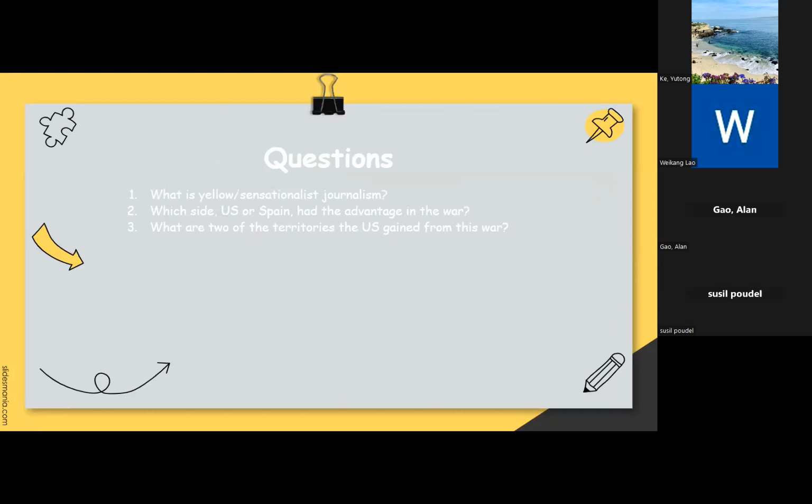All right, and then the second question is which side, US or Spain, had the advantage in the war? It should become pretty obvious when you saw the slide comparing the two. I don't think I listed a single positive for Spain.